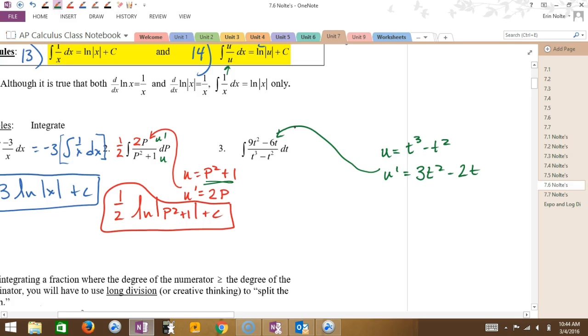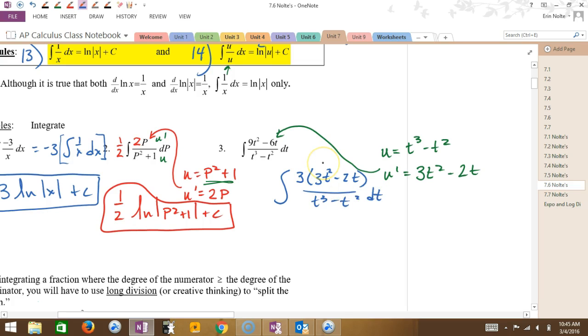Okay, so basically what I can do is pull out a greatest common factor of 3 off of the top, so watch how I write this. 3 times 3t squared minus 2t over the bottom piece.